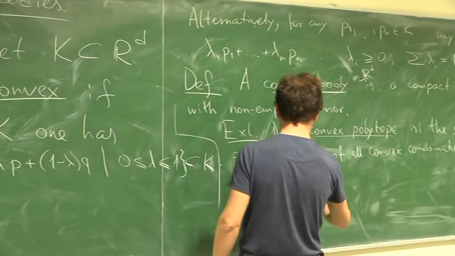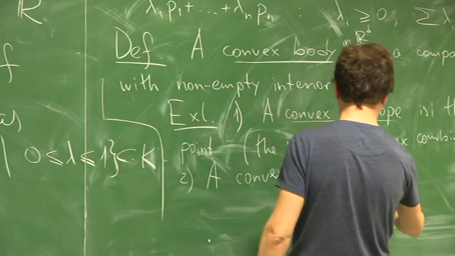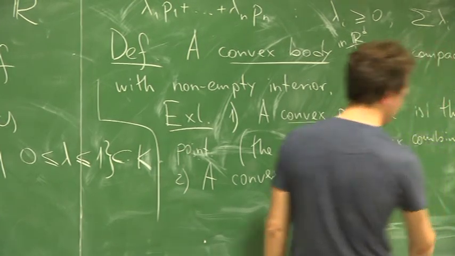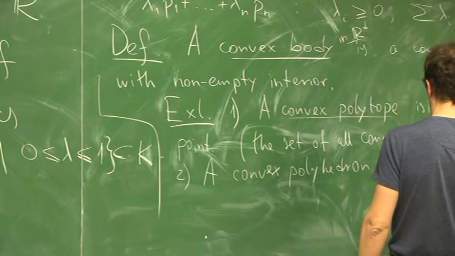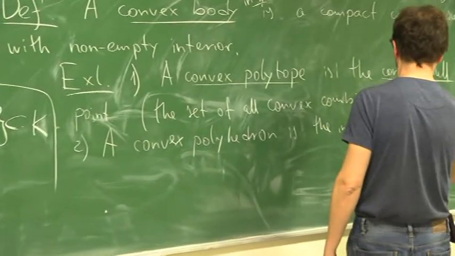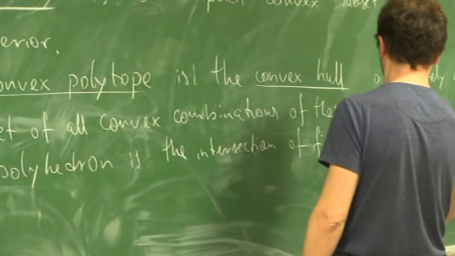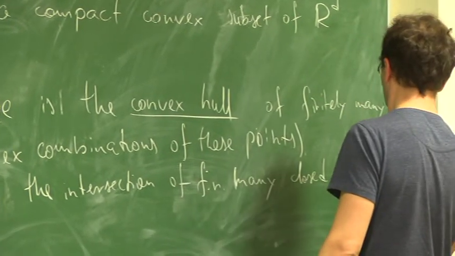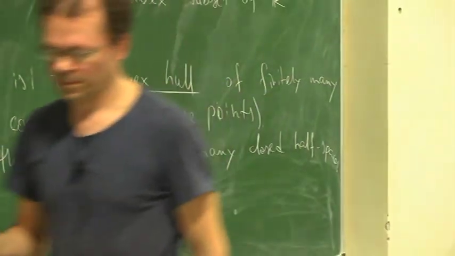So a convex polyhedron is the intersection of finitely many closed half spaces. Okay.